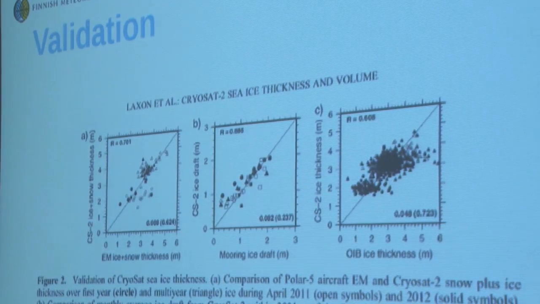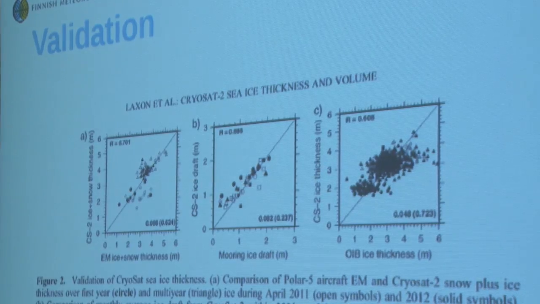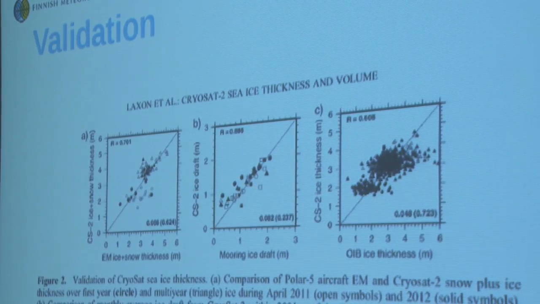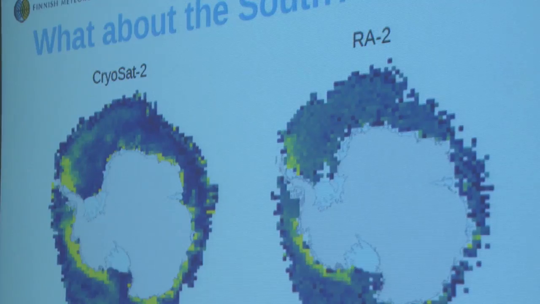Again, airborne stuff. You can't validate CryoSat by drilling a hole in the ice. You will need to drill a hole in the ice to calibrate EM, for example, so you need to go up there and do the work. But you need something that covers a lot more area and a lot more time than just field measurements when you validate the thicknesses.